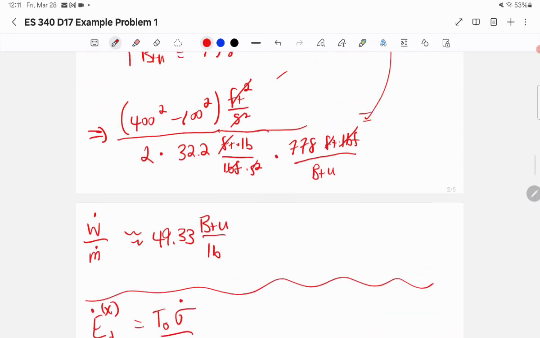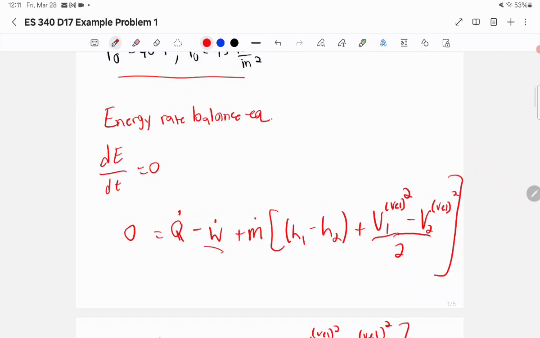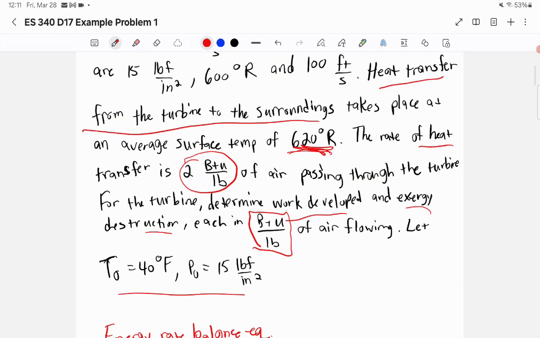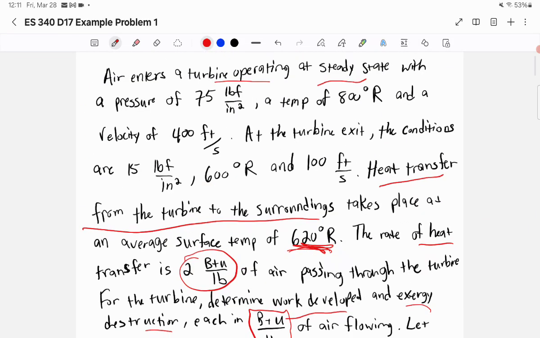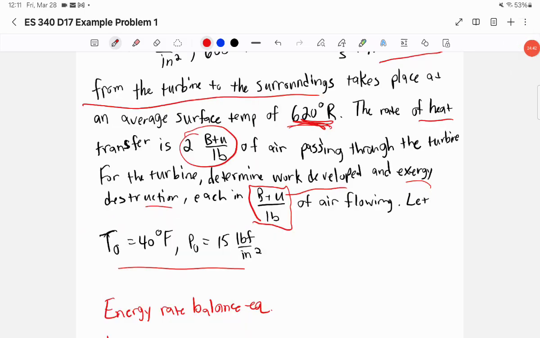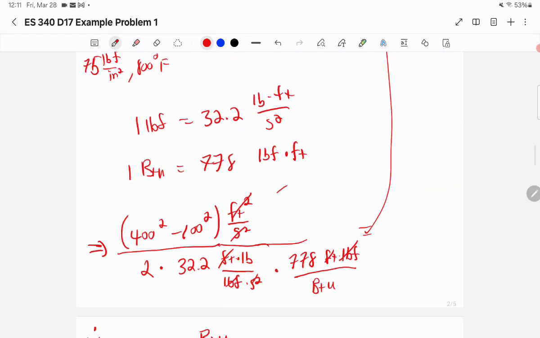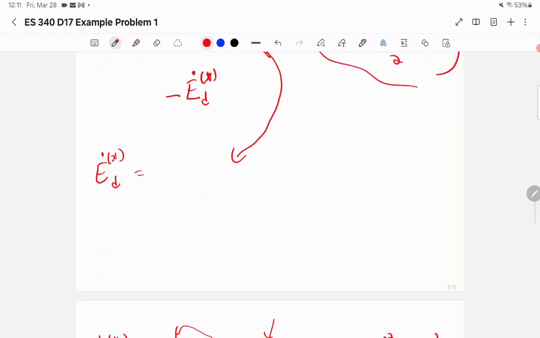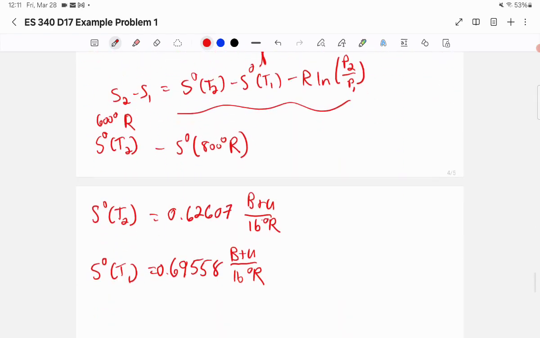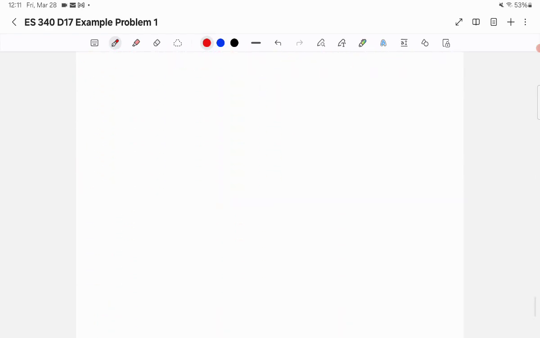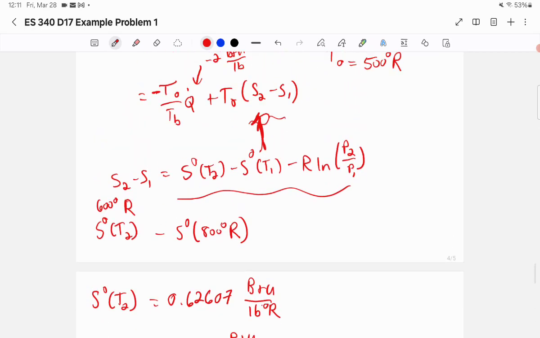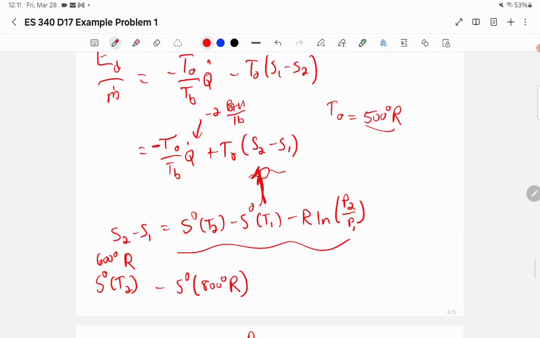That came from here: the T naught here came from there, 40 degrees Fahrenheit, which is approximately 500 degrees Rankine. That gets substituted in here, and T_B was the 620 degrees Rankine.